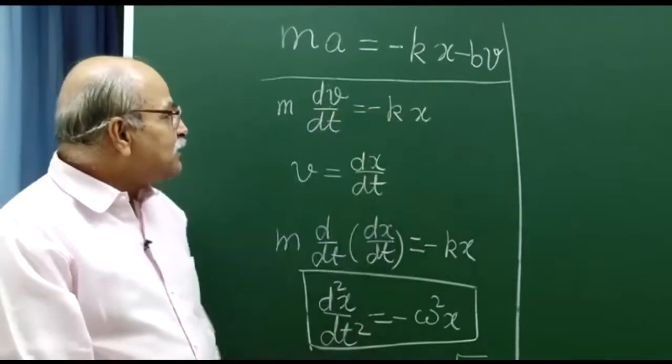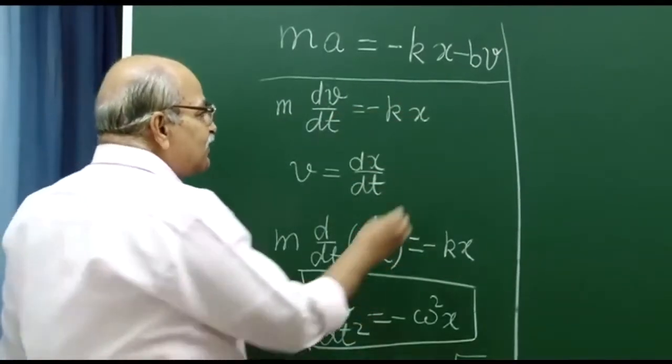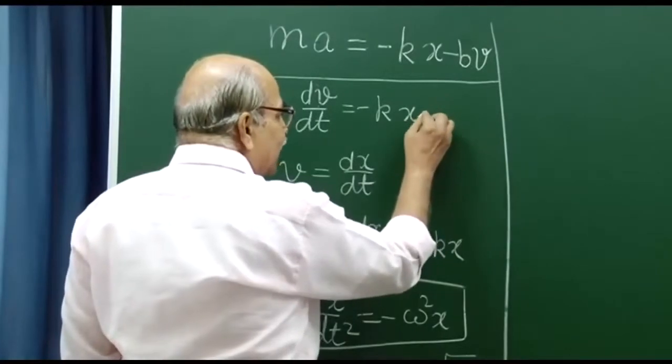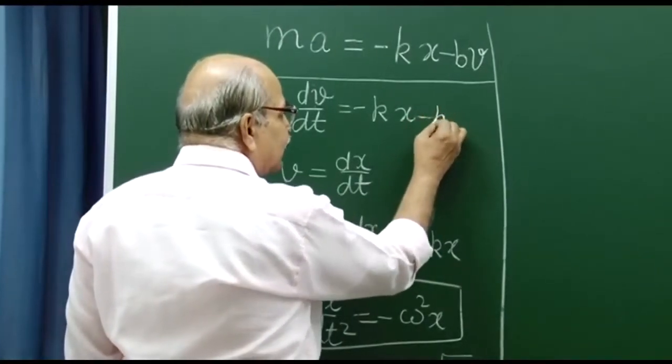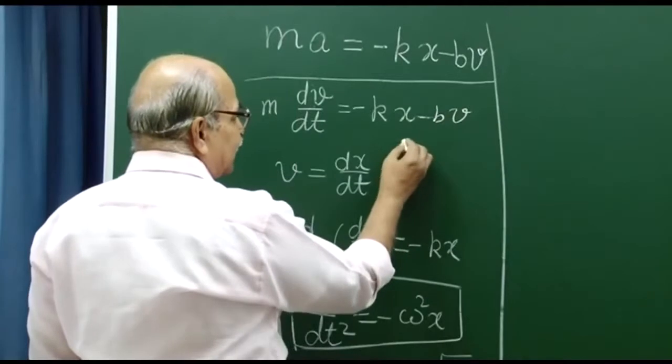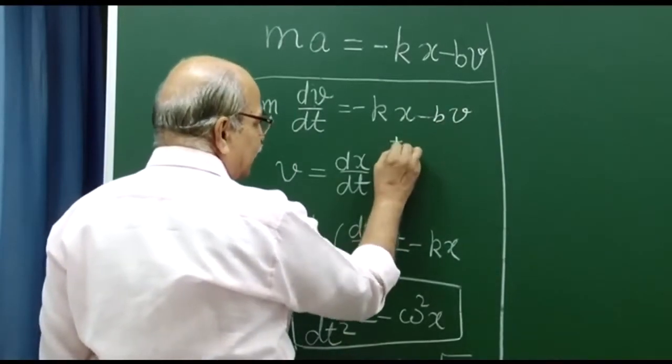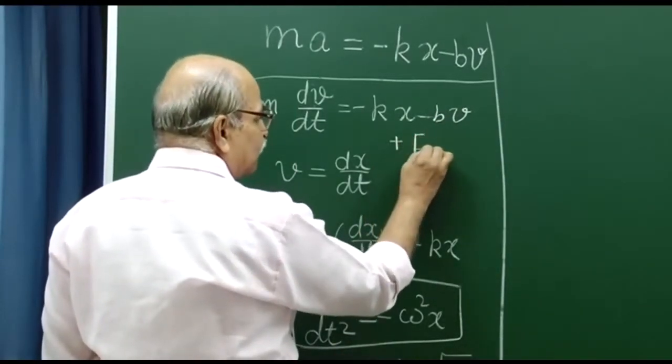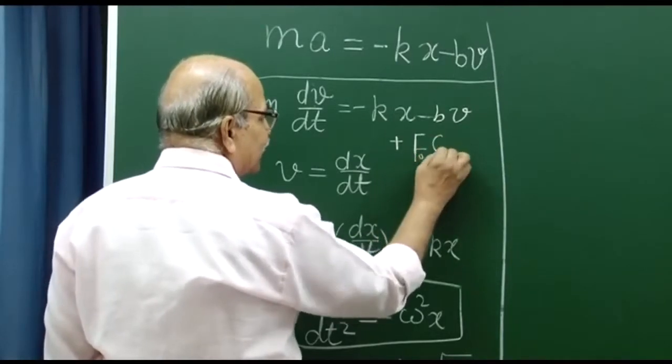Then you have this damping force, and together with that we are also adding an external force, which you can write as plus, let us say, f naught cos omega t.